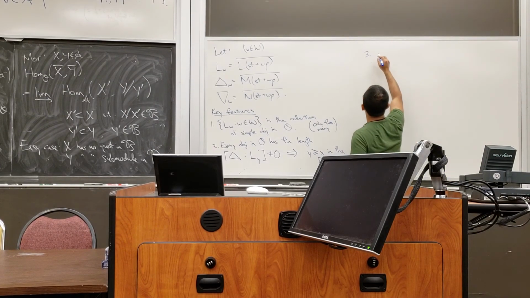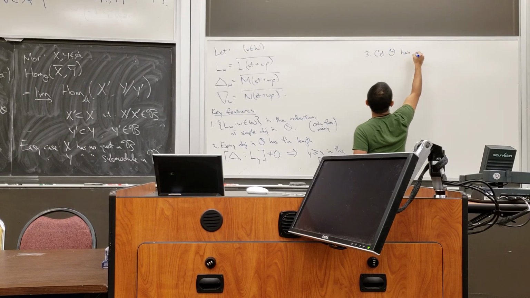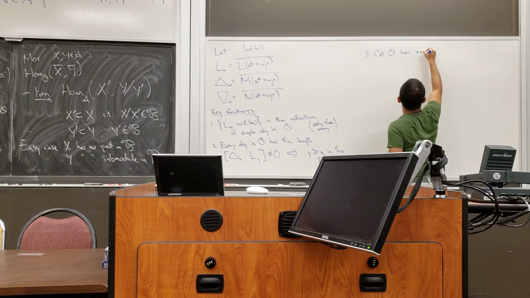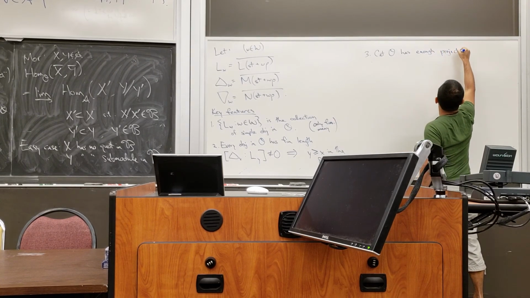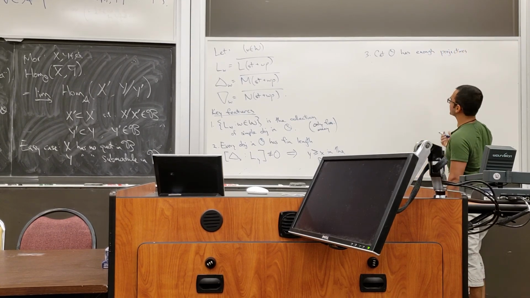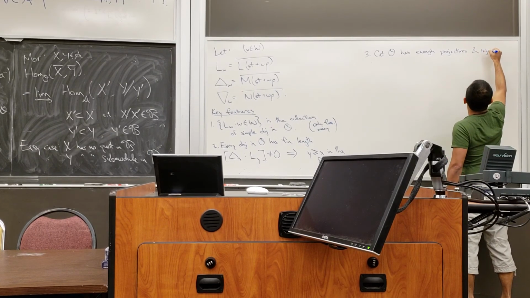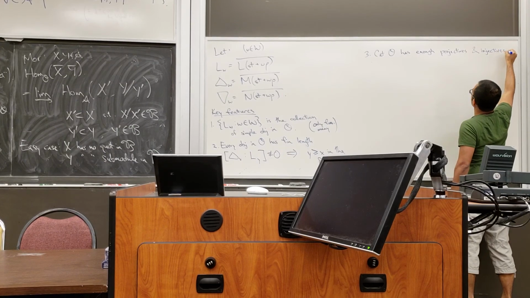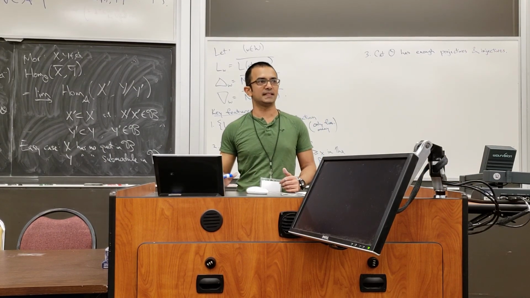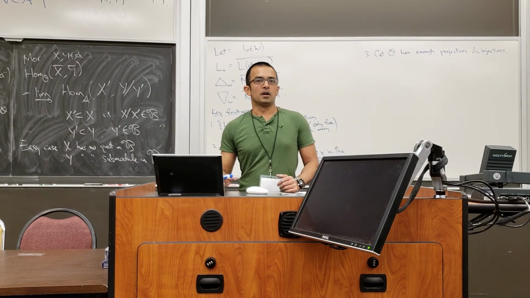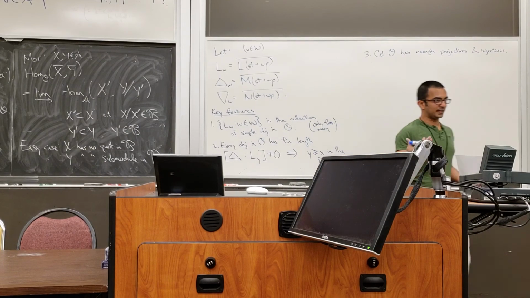Well, let me say something about projectives. So category O has enough projectives and injectives. In other words, every object is a quotient of some projective object and a sub-object of an injective object. This again is very different from the full representation theory. In the full representation theory of G, if you're looking at finite dimensional representations, you don't have either projectives or injectives.